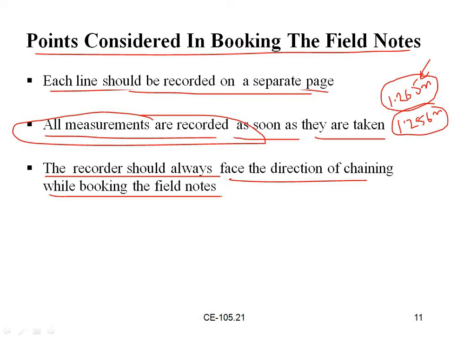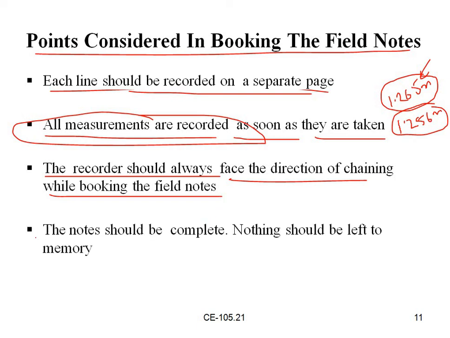The measurements on the chainage line should be taken and entered in the field book immediately, with a pen or pencil. And the notes should be complete. Nothing should be left to memory. Whatever readings we take in the field, we have to enter in the field book, and no blank should be left in the field book.